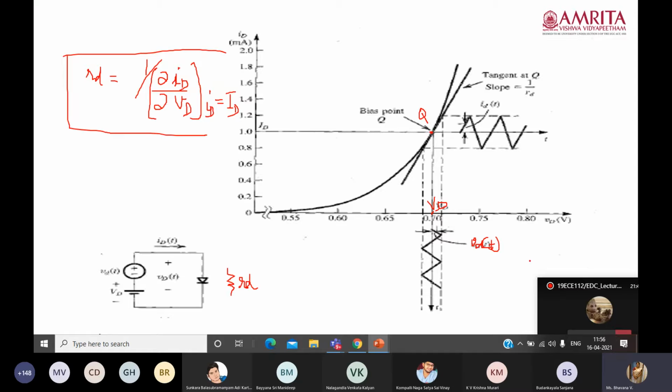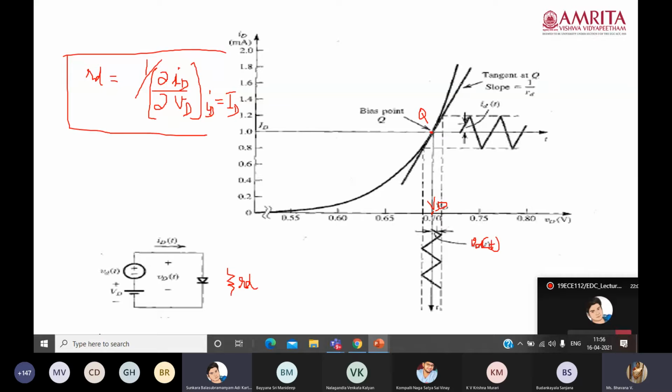So draw the graphical representation and write the expression for rd from the graph, which is equal to 1 by dou Id by dou Vd at the Q point, where Id is equal to capital Id. After that, take down the small signal equivalent circuit. Ma'am, is Id the product of these, or does the reciprocal come in the denominator?